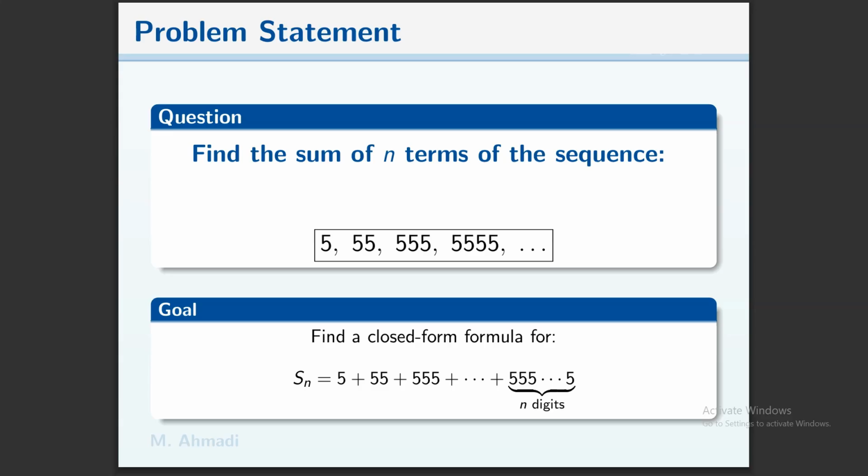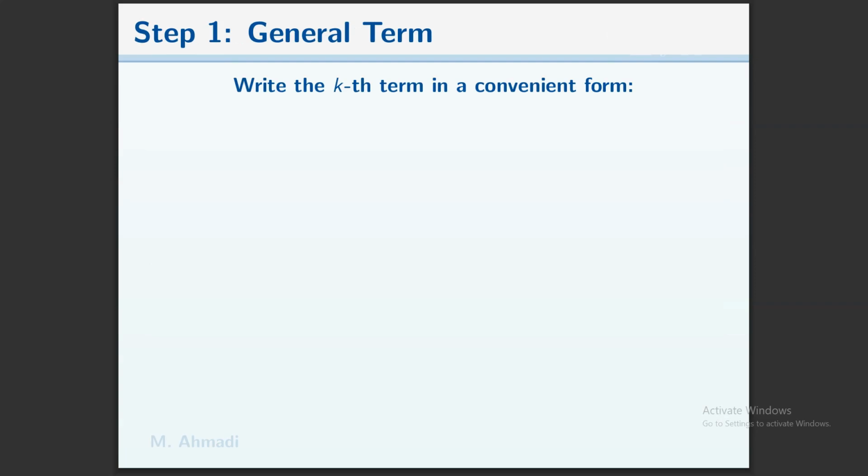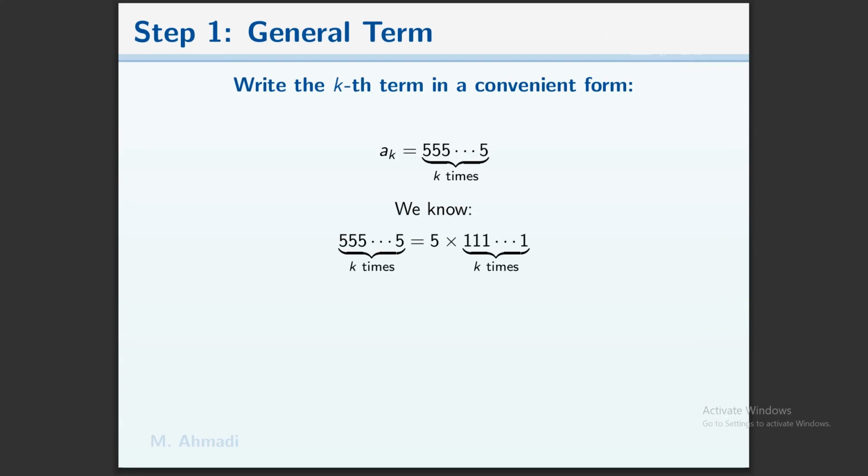A closed form formula means we can compute the sum directly for any n without having to add all the terms individually. So, the general term: write the k-th term in the combined form a_k equals 555...5, k times. We know that 555...5, k times, equals 5 multiplied by 111...1, k times.